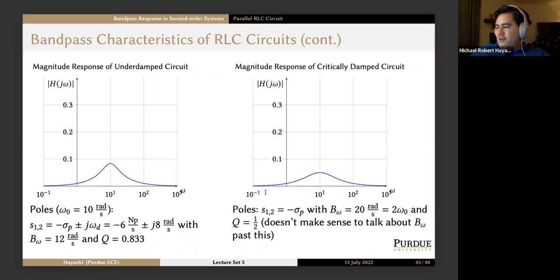From now on, we're going to focus mostly on the underdamped case, with imaginary roots, and neglect the part where we have real roots, because they don't behave nearly as interestingly for the purposes of bandpass filters, or what we're going to talk about coming up, which are low pass and high pass filters.